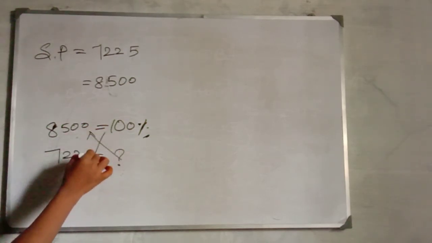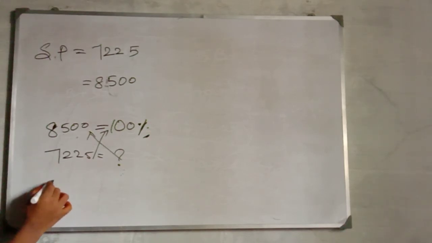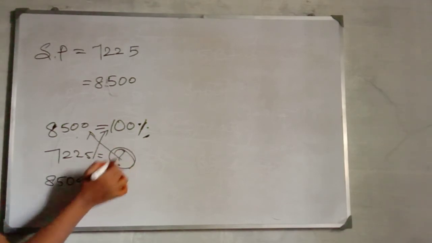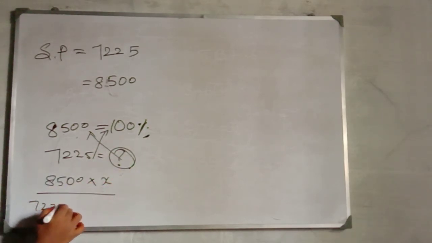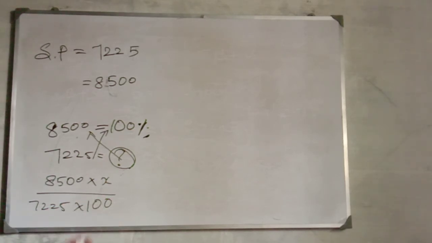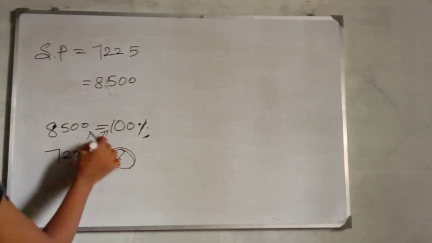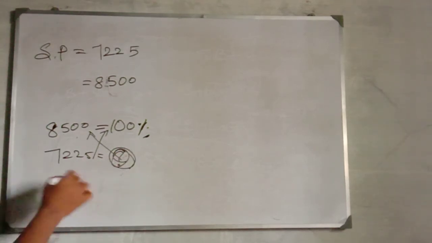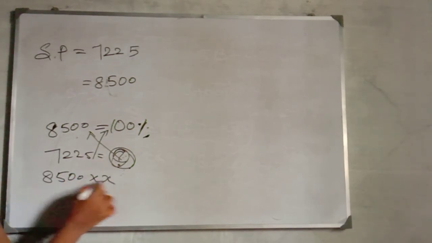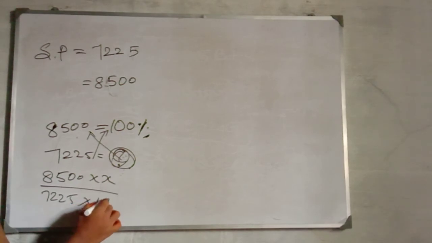We have to do cross multiplication. 8500 into x divided by 7225 into 100.